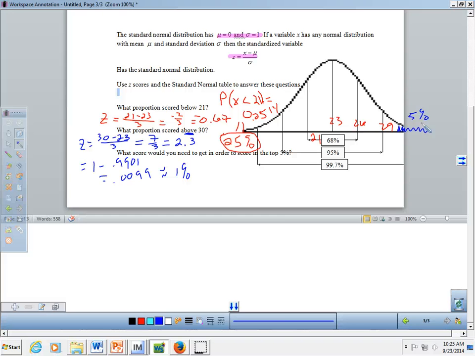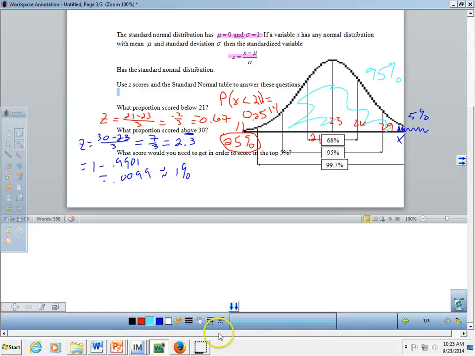The table in your book gives you the proportion of individuals that are lower than a particular value. So if we want 5% to be higher than this value, this x, then we want 95% to be lower. So I need to go find 95% in the table.